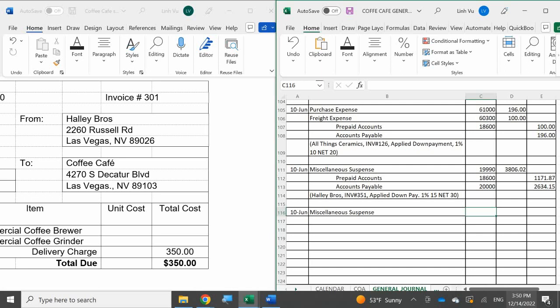If you give them straight up cash, what's going to happen? They can claim that they never received the payment from you. They can also claim that you never received the items, and then Haley Bros might charge you other things, right? So in this case, that's why it's important to use a check for this type of transaction, because it is proof of a transaction and it's a paper trail, right?